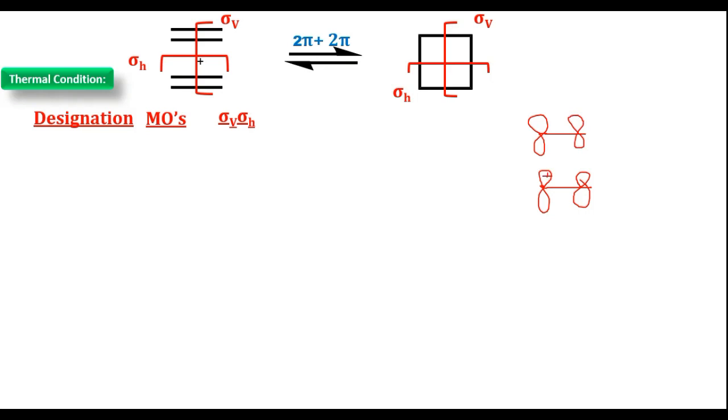Here we have plus, plus, minus, minus for one, and plus, minus, minus, plus for the other. To explain the molecular orbitals, you can see the number of carbons is 1, 2, 3, 4. So 4 carbons are present. Therefore, we are going to have 4 molecular orbitals.